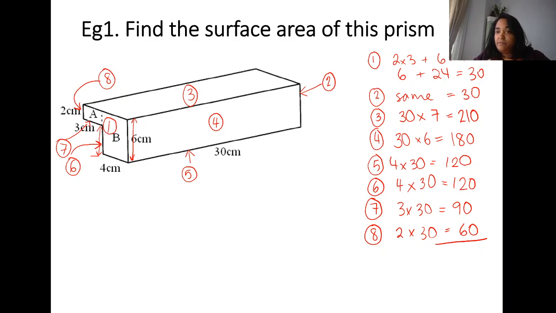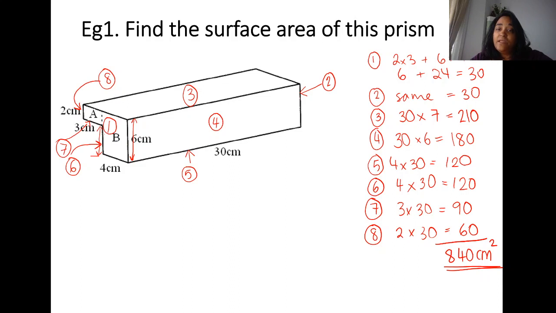So 30 plus 30 plus 210 plus 180 plus 120 plus 120 plus 90 plus 60, and that gives me 840. And don't forget the units, centimetres squared.